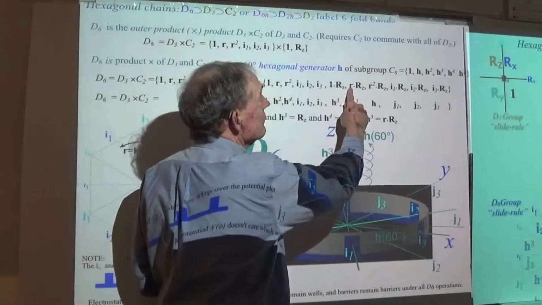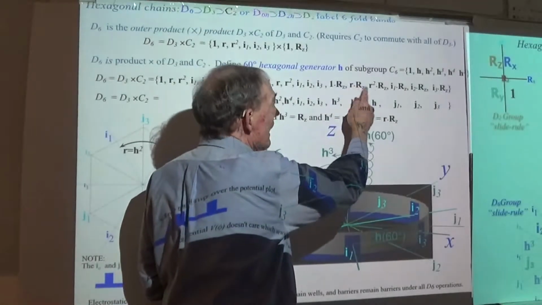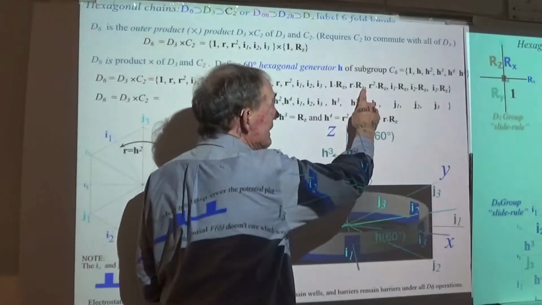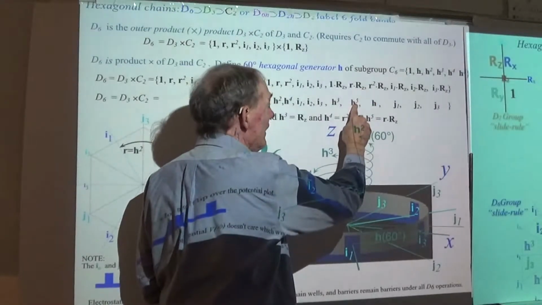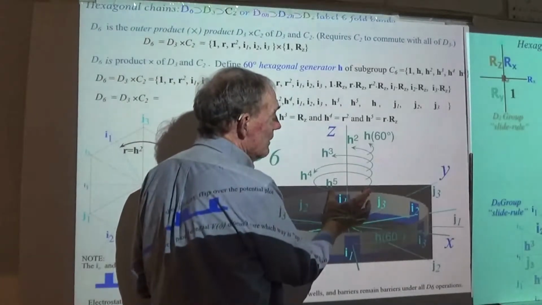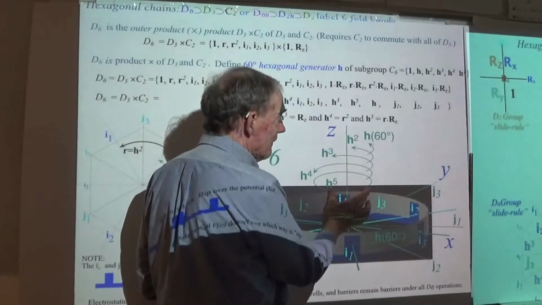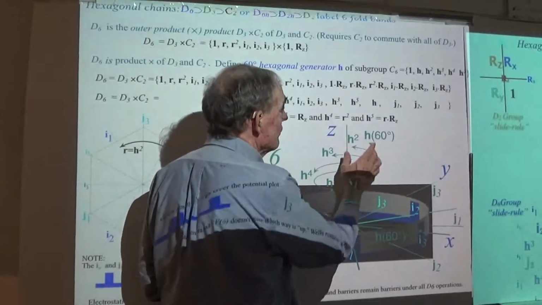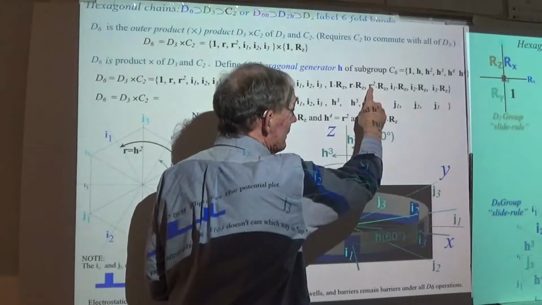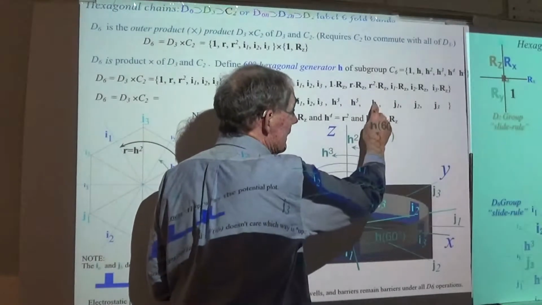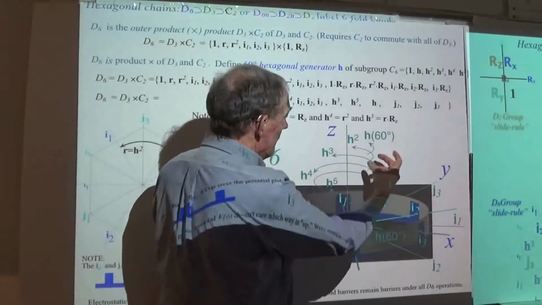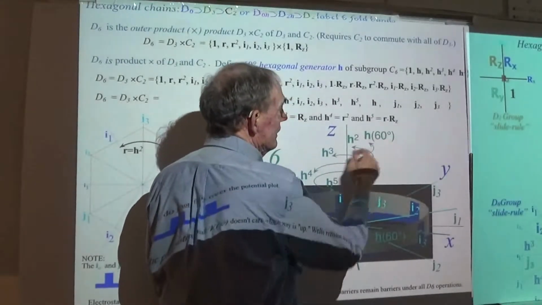Then I take a 120-degree rotation, add or subtract from RZ's 180. I get H5. H5 is all the way around except for the 60 degrees right here. And so forth. Each one of these H comes out with a minus 120 times 180. That gives me an H element. The H element is this guy right here, 60.